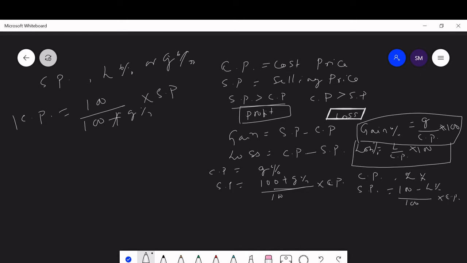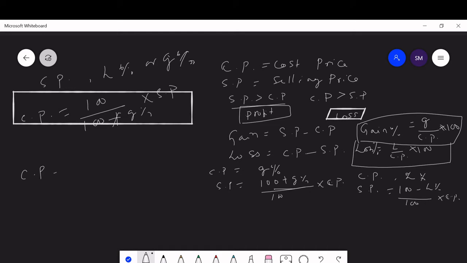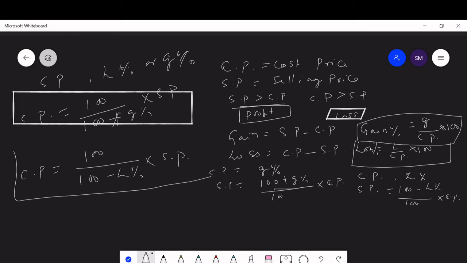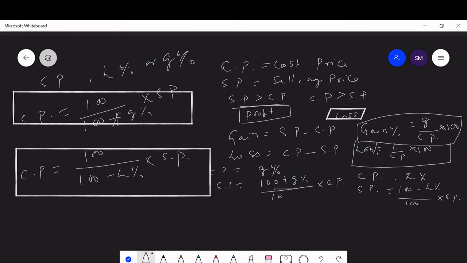If there is loss, then CP is equal to 100 upon (100 minus loss percentage) into SP. By using this formula we can directly find out the cost price.